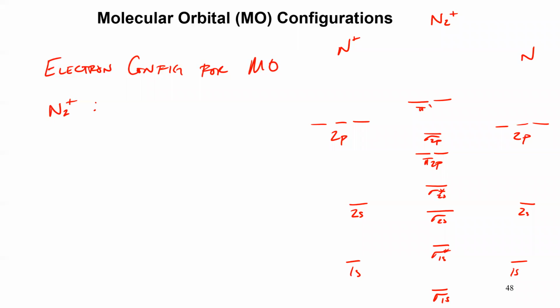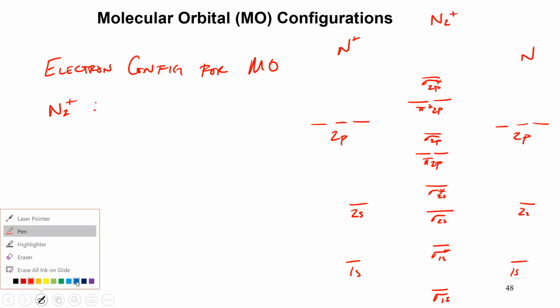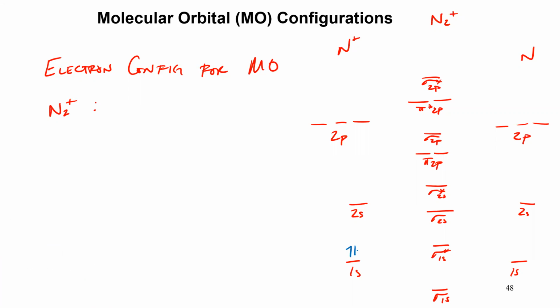Then we have our pi star 2p and our sigma star 2p. And so we know that this one has a total of 6 electrons because he's a plus. The nitrogen atom has 7 electrons, so he looks like that.